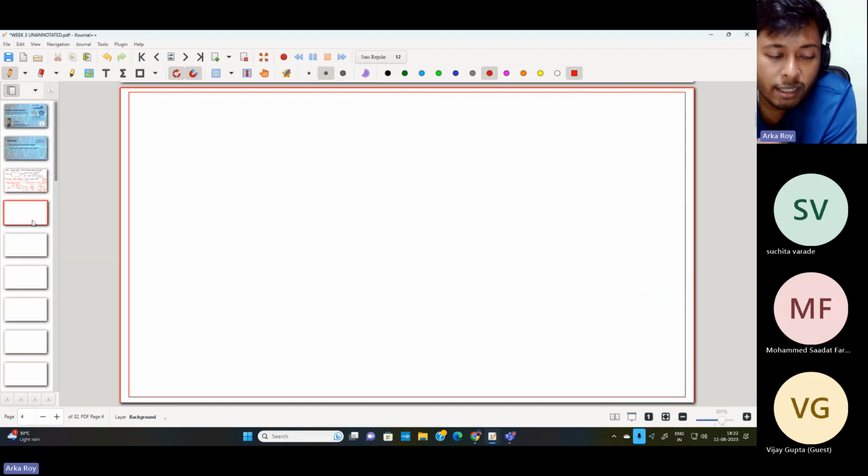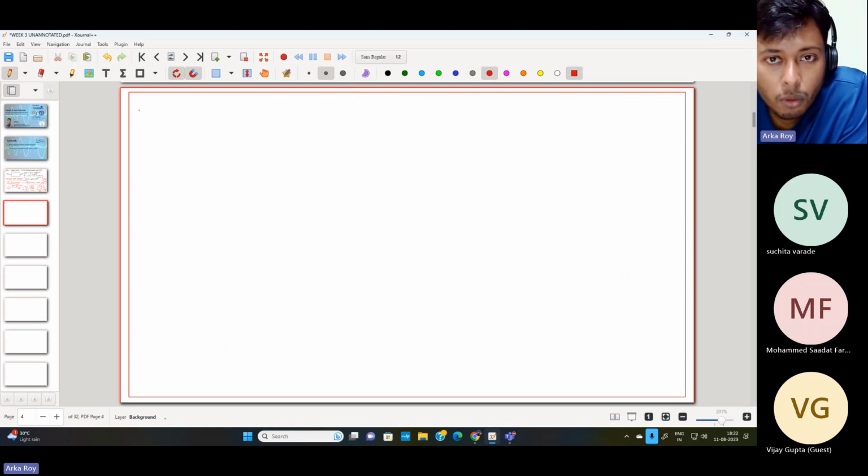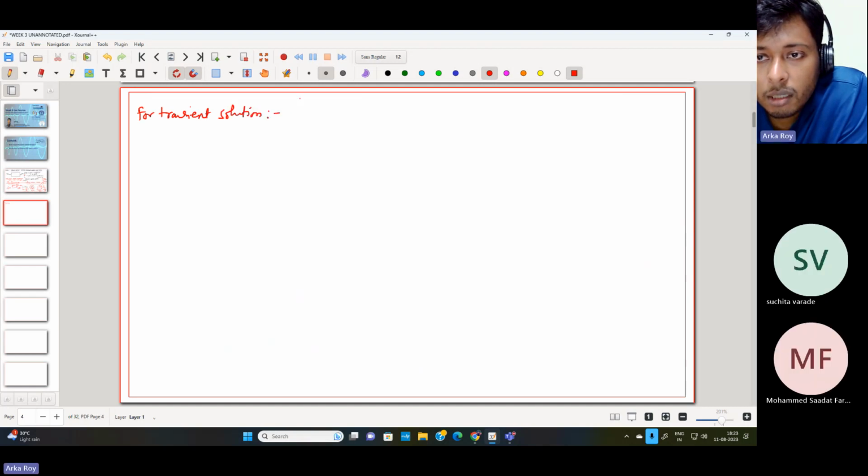So to generate the transient solution, we have to consider that x of n is, in the more specific case, 0, and we have some sort of initial conditions.